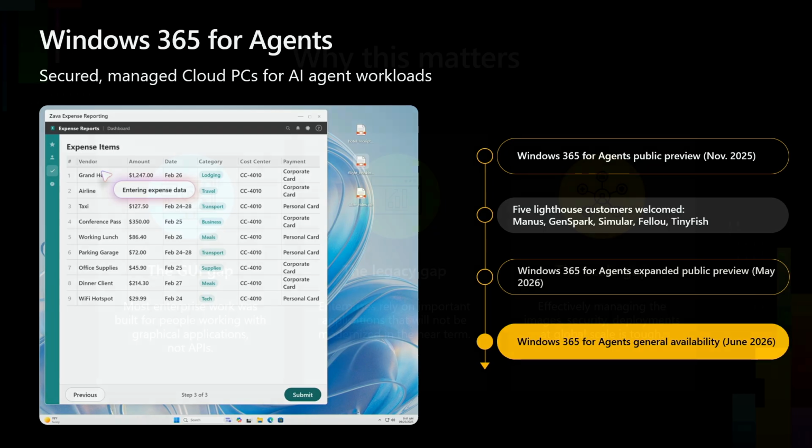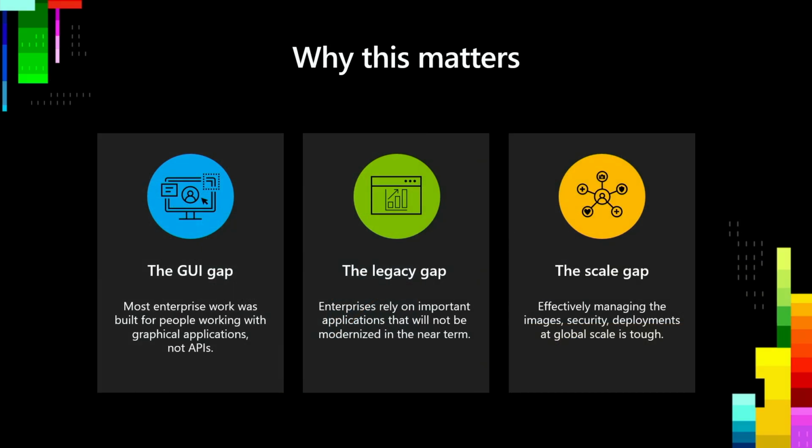Now let's look at why this matters. The problems it solves for agent makers, in other words. First, the GUI gap. Most enterprise work was built for people working with graphical applications, not APIs and MCP servers. So, a SaaS-defined agent hits a roadblock when they try to interact with these applications. That is why you need computer-using agents. Second, the legacy gap. Enterprises rely on important applications that will not be modernized in the near term.